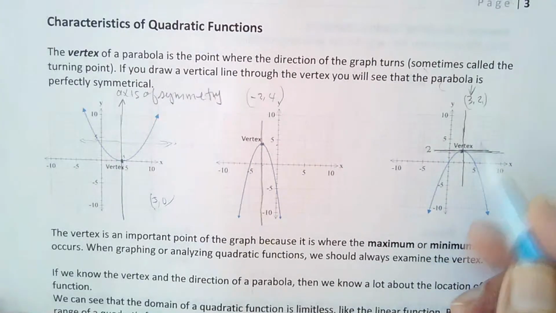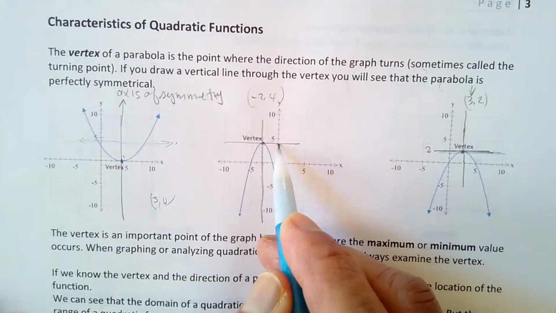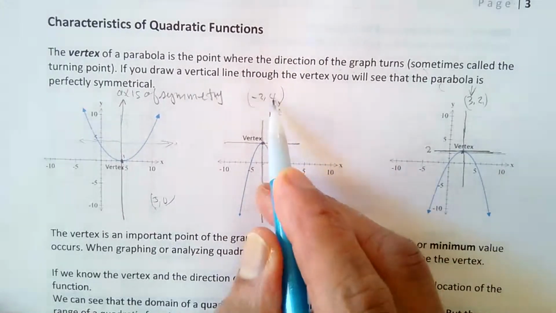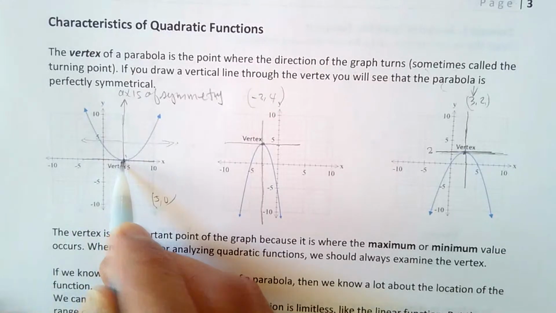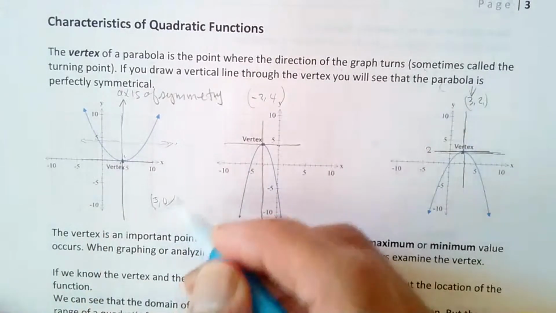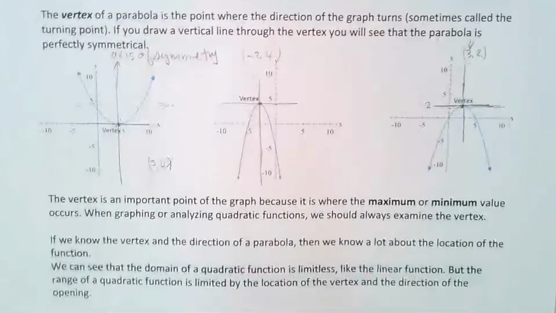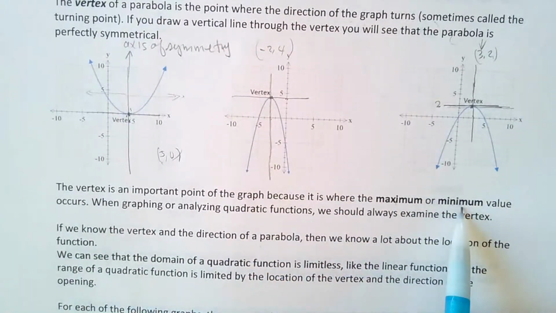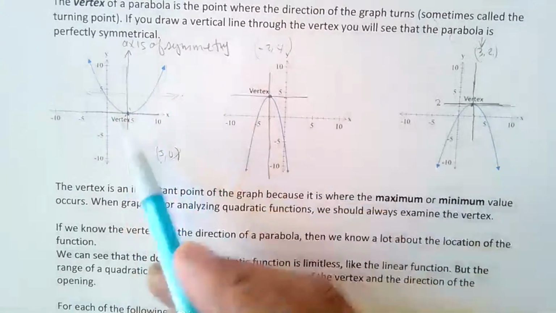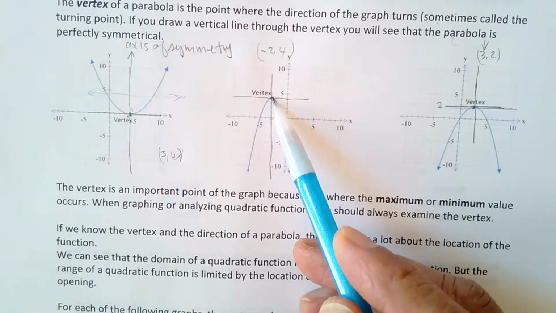That's the maximum value. Here, your maximum is 4, on the y-axis. Here the minimum is 0. So your vertex is extremely critical. It gives you important information about the maximum value and the minimum value. So going up, the vertex gives you the minimum value. Going down, the vertex gives you your maximum value.